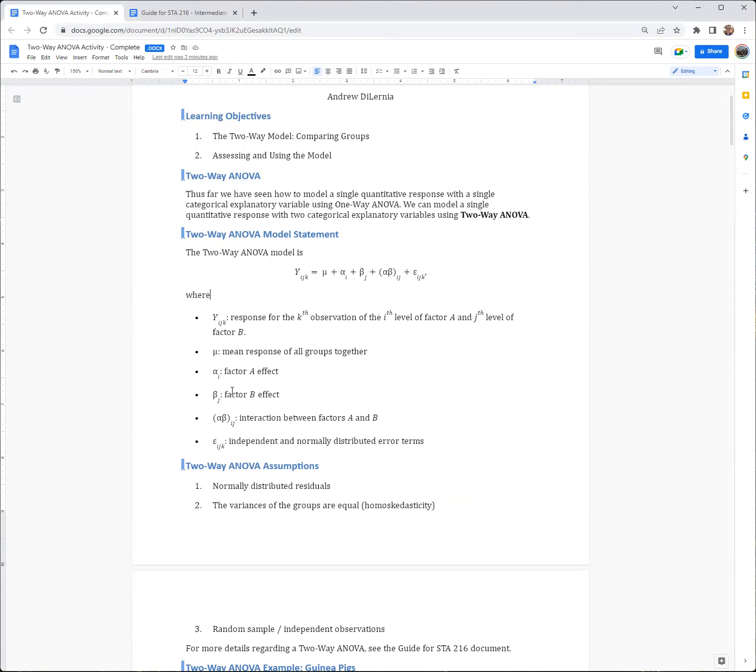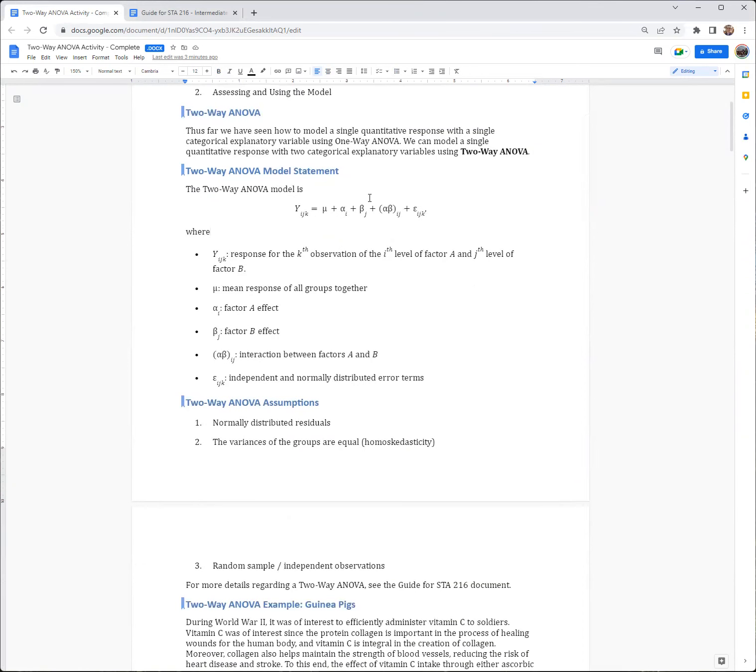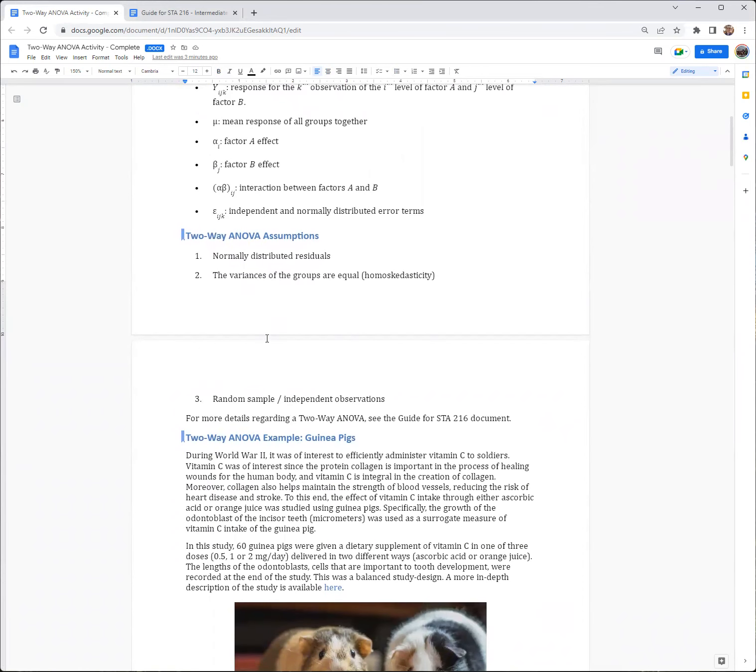Alpha_i is the factor effect for the ith level or subgroup of factor A, plus beta_j, where j is the jth level of factor B, plus an interaction term, and then finally plus a residual term, epsilon. So we'll learn how we can use this model to answer questions about a real-life data set later on in this activity here.